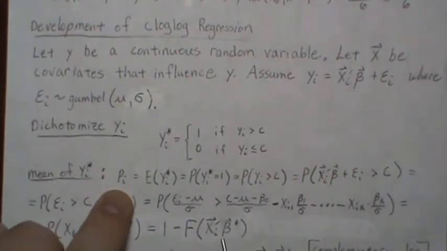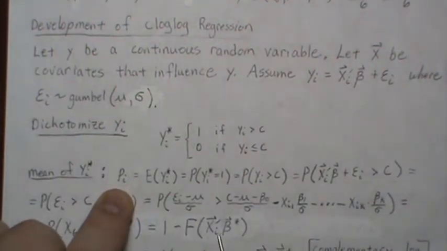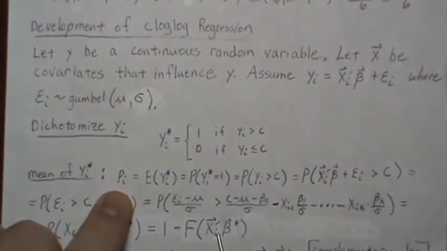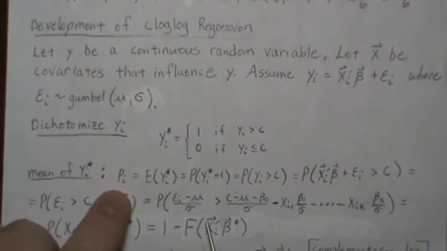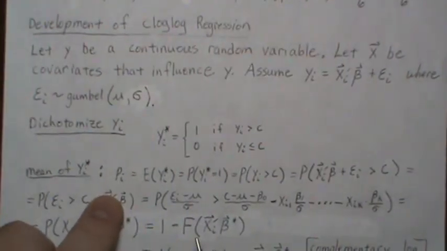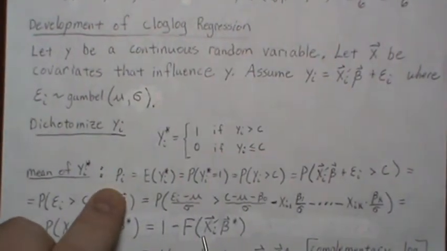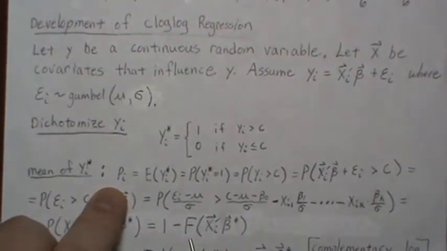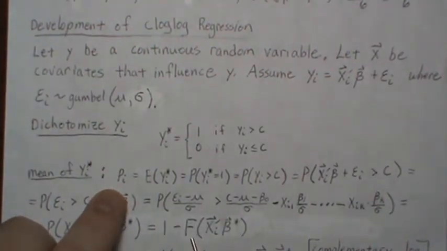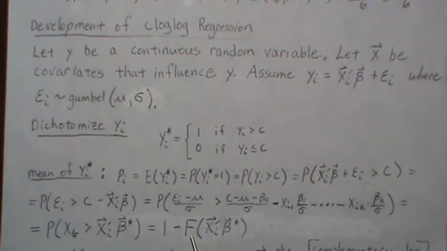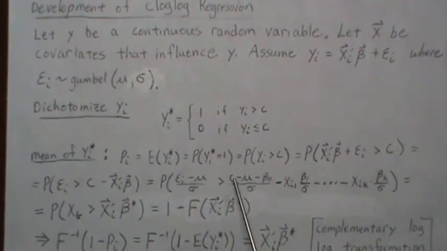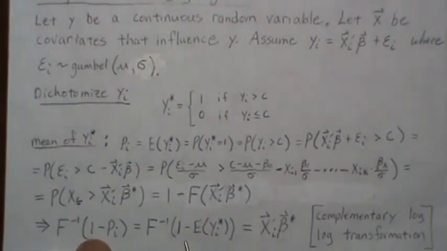Now, to solve for this linear combination by itself, we need to subtract it to the other side, take the P back to this side. So now we have capital F of 1 minus P. Then we take the inverse of F, and F is a CDF, so it's strictly increasing on this continuous variable. And we get this, right?